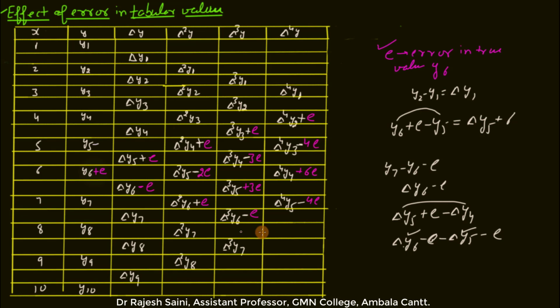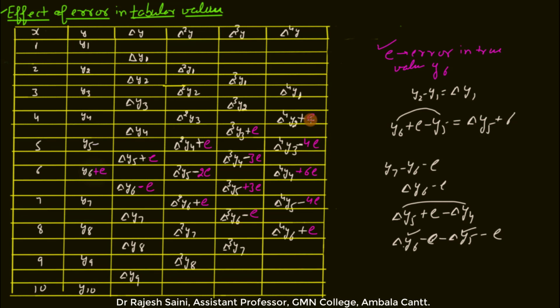So this will be delta 4 y6 and it will become plus e, and for e I am using once again this is plus e.